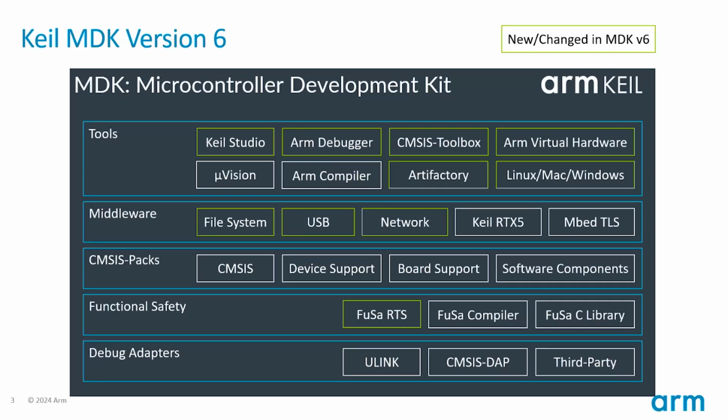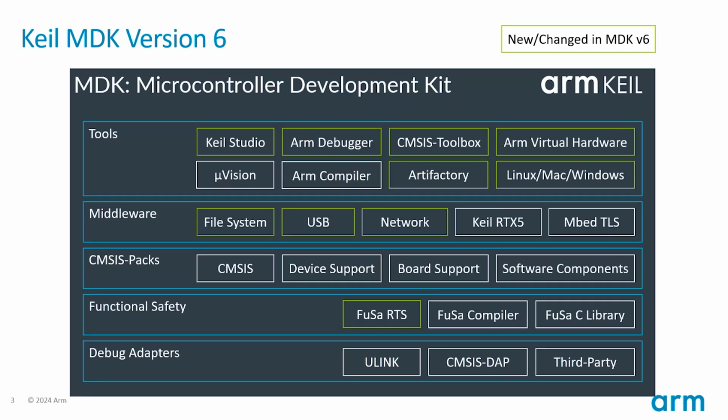We have a new debugger called ARM Debugger that is used in Keil Studio under the hood. We are using the CMSIS-Toolbox, which is an open source collection of tools that help you to build embedded projects in the new project format that we have created together with our industry partners like NXP and STMicroelectronics.